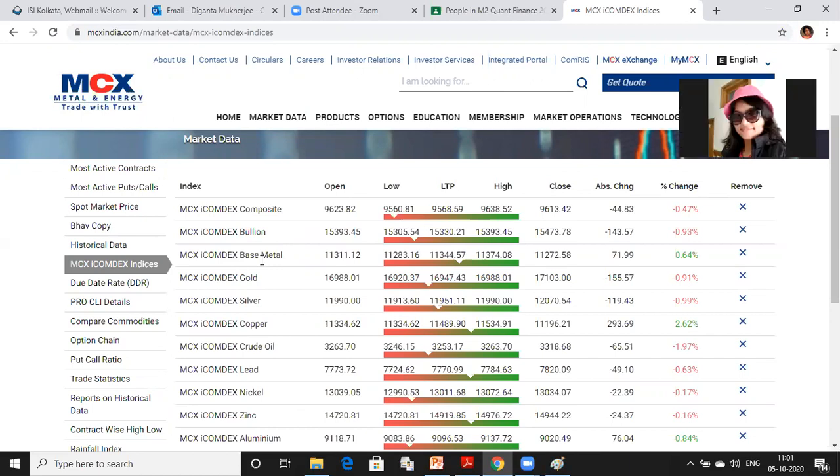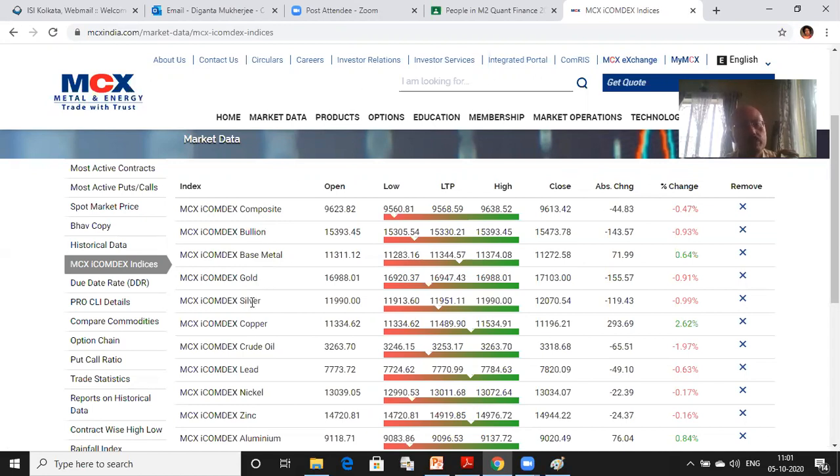Yes, sir. So these indices were available in the market for some time now. These are again combinations of commodity prices, just like the Nifty is a combination of 50 stock prices. The composite will have everything. The bullion will have only the precious metals like silver, gold.